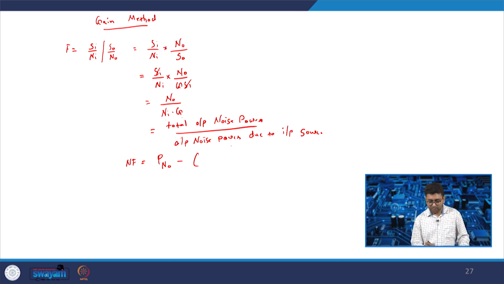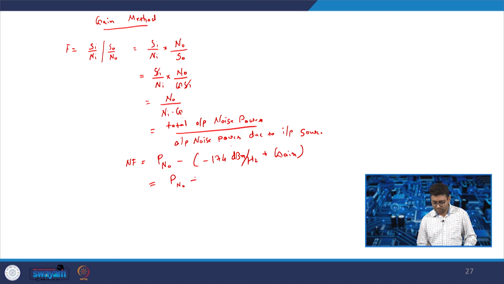If you convert 10 log kT, that comes around minus 174 dBm per hertz, because we are considering unity bandwidth, and then you should add the gain. So, this is the noise figure equation. Rewriting it again: NF equals PNo plus 174 minus gain.